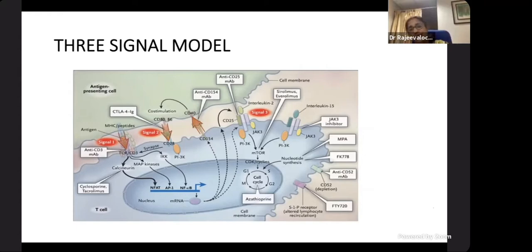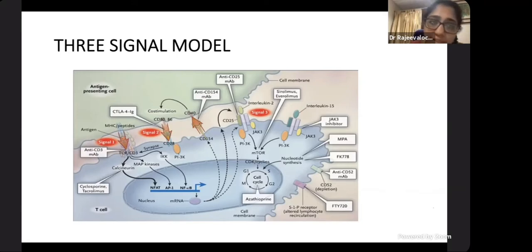With the current amount of testing we do, hyperacute rejection is now very low. Then we have accelerated acute rejection, which can still occur, with either preformed or de novo anti-HLA antibodies. Then acute rejection, which can be T cell mediated or B cell mediated. And then chronic rejections, which do occur off and on.